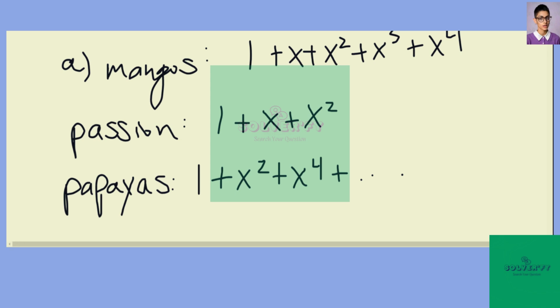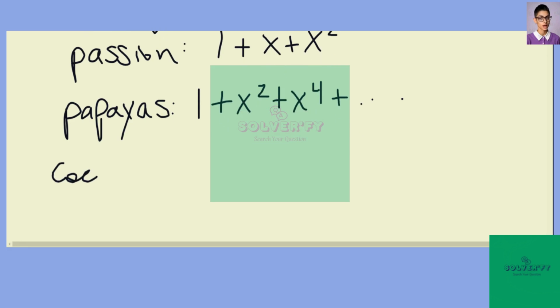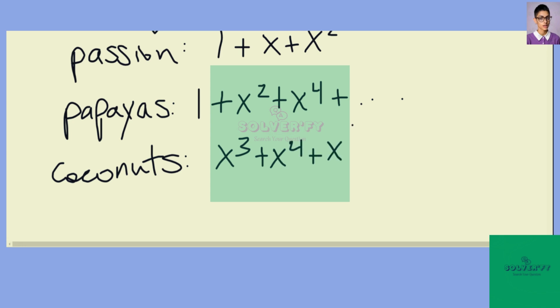So for the generating function for coconuts, this is going to contain all powers of x greater than or equal to 3. So we have x cubed plus x to the 4th plus x to the 5th, and so on.